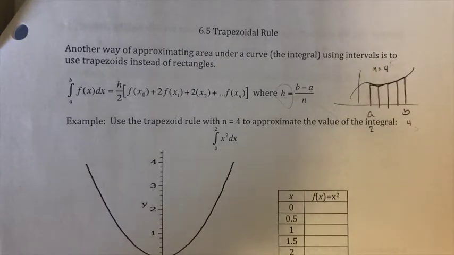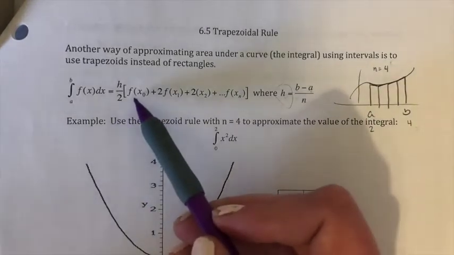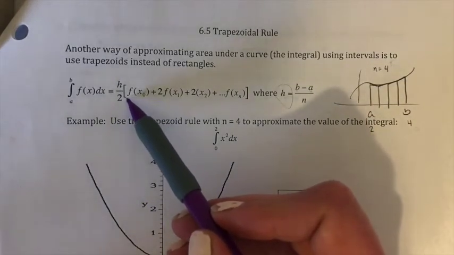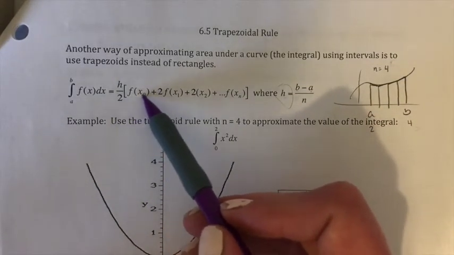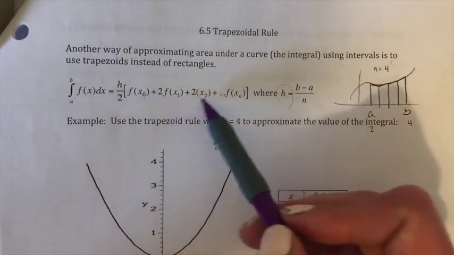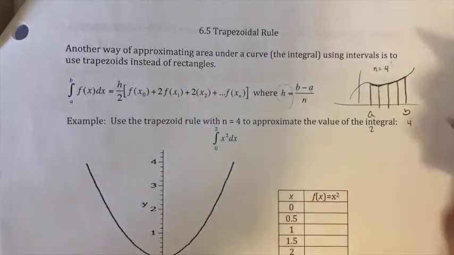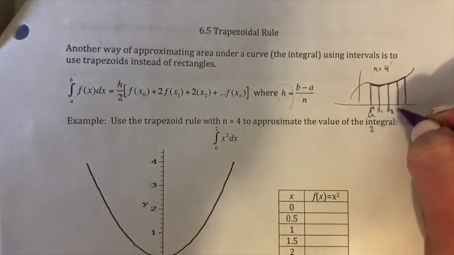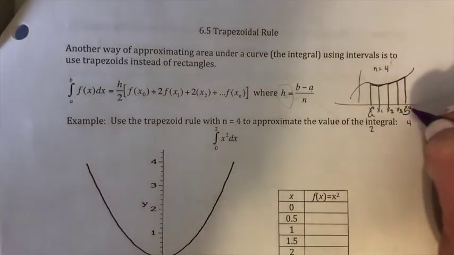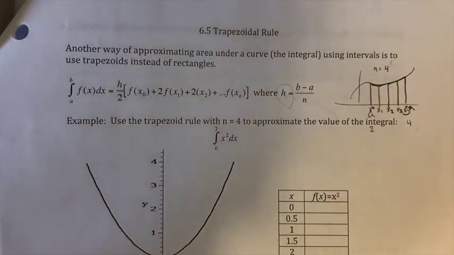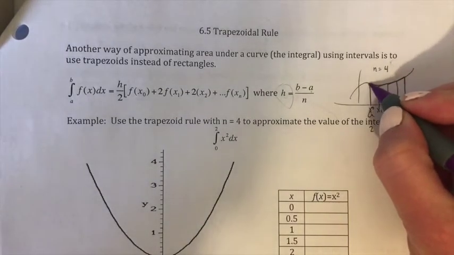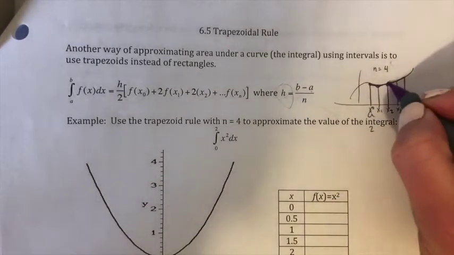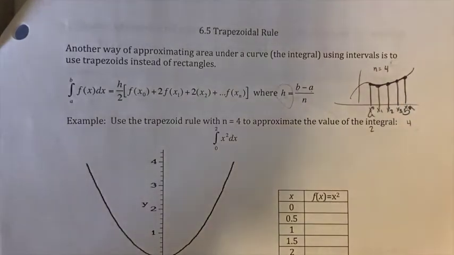The reason why we're doing 1 of the first one plus 2 of the second one plus 2 of the third one, right? This would be x0, x1, x2, x3, x4, which is xn, right? So we're going to do this plus 2 of this, plus 2 of this, plus 2 of this, plus 1 of that.